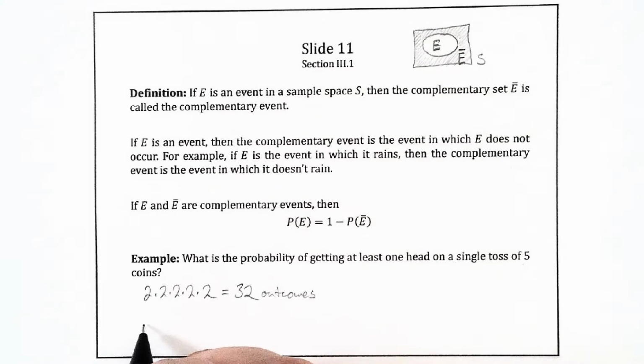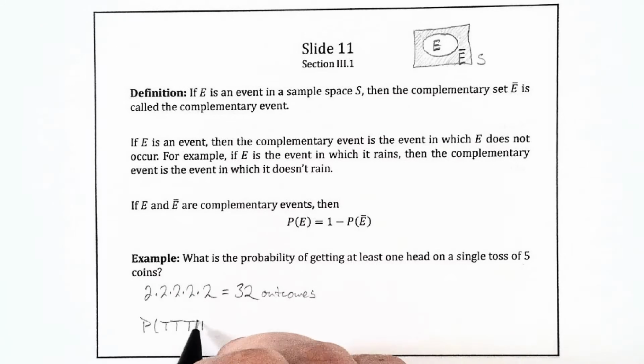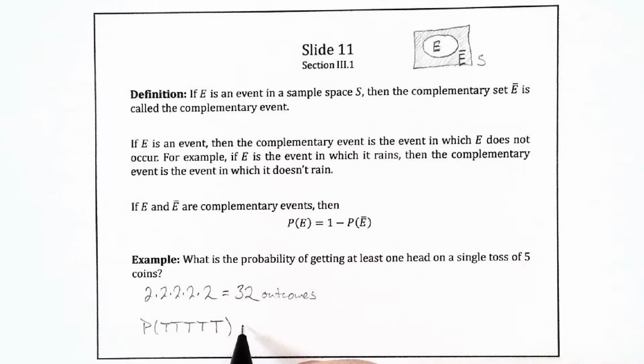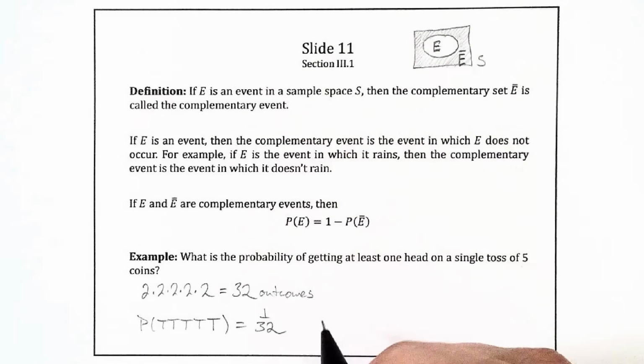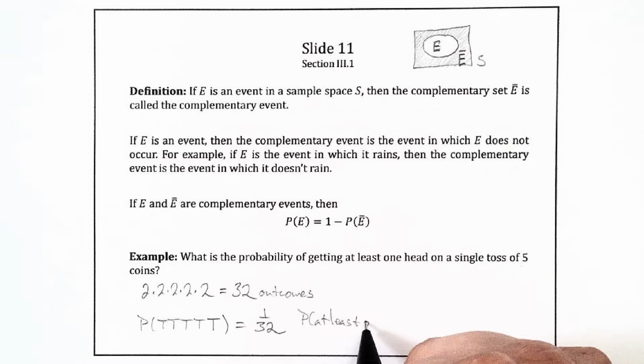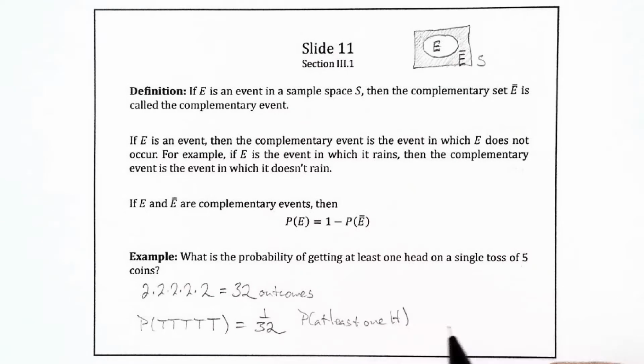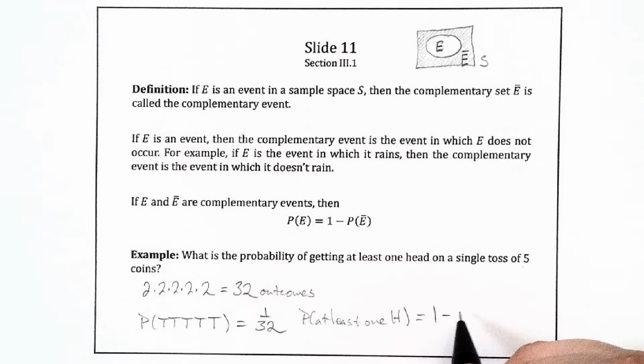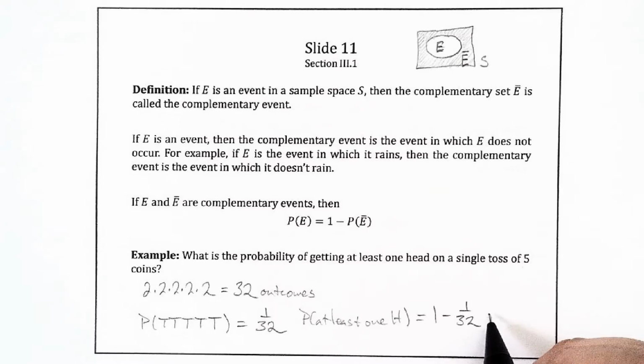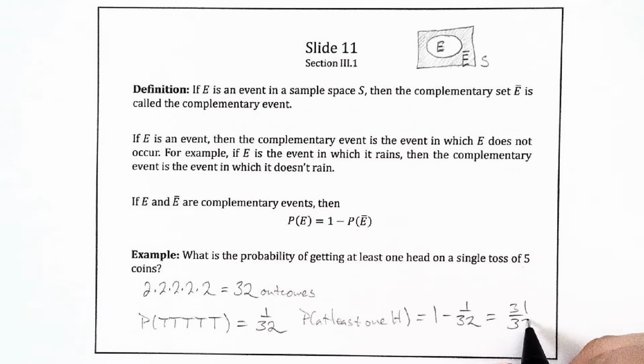So the probability of getting tails, tails, tails, tails, tails, that's 1 out of 32. And so the probability of getting at least one heads is 1 minus 1 out of 32, which is 31 out of 32.